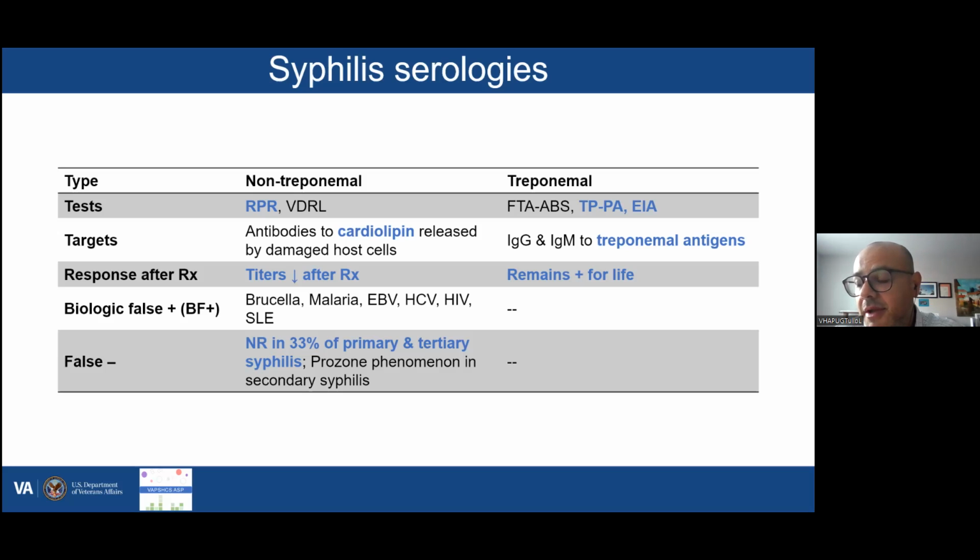I didn't include a slide on this, but RPRs are positive when there's a balance between the antigen and the antibody. The prozone phenomenon is when you have way too much antigen that's overwhelming the test, so you get a false negative. But labs know about that and correct for that nowadays.